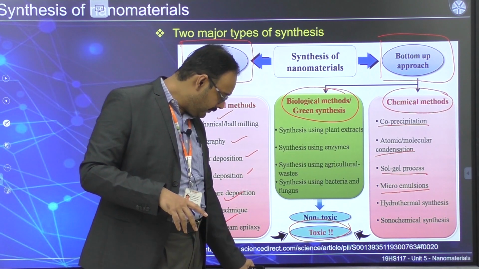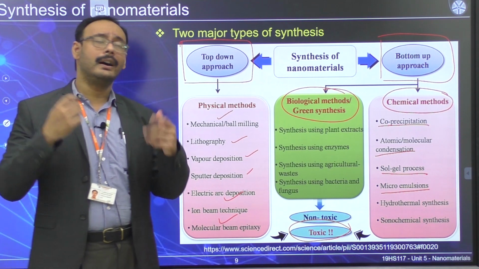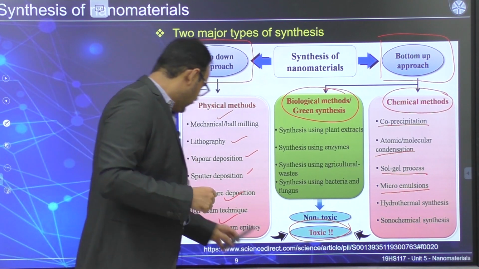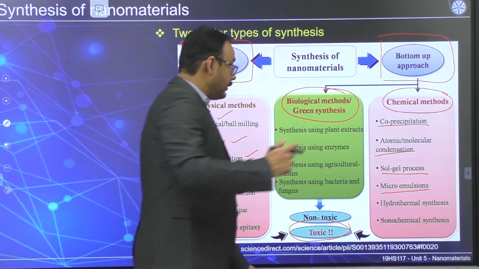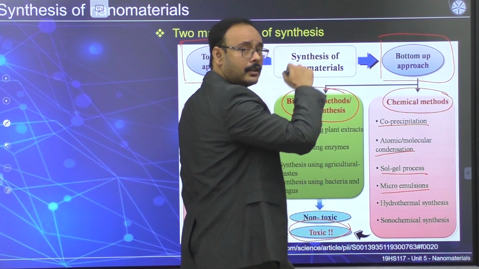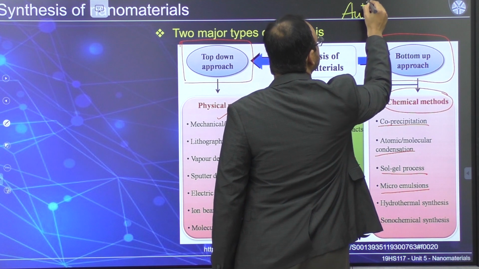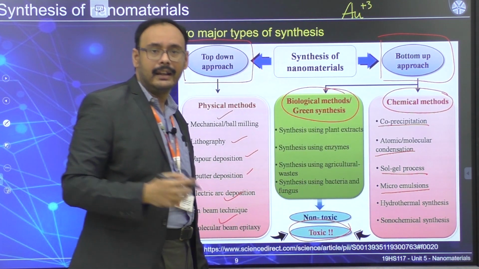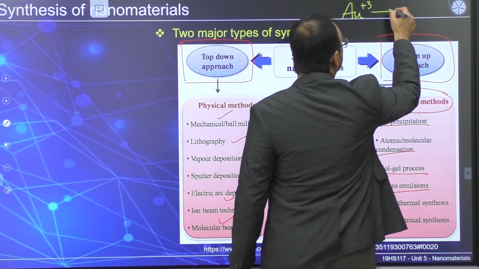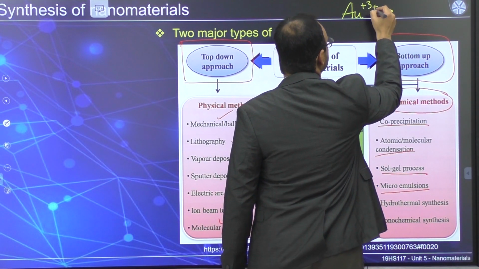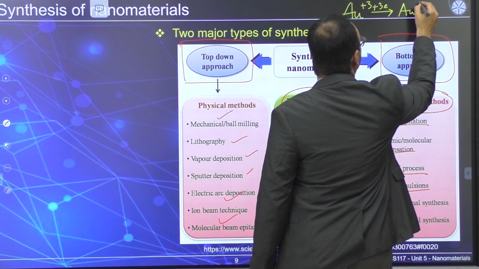Let's say you want to have a gold nanoparticle, right? Previously what you used to do, in a very simple way, as far as the bottom-up approach is concerned, you have a gold plus 3 solution. That's your precursor solution. You need some electrons, let's say 3 electrons, and you form gold 0.